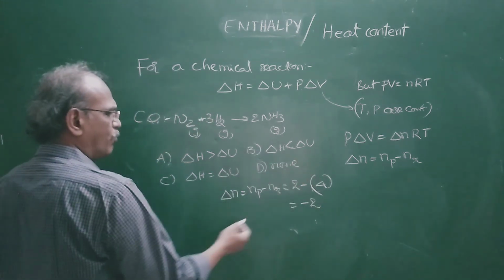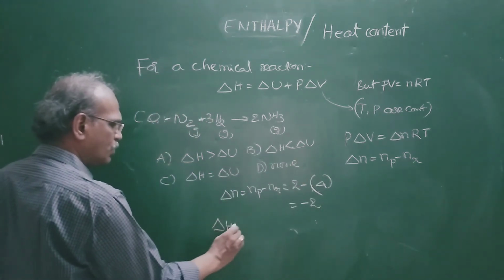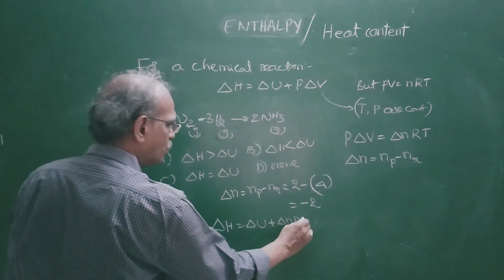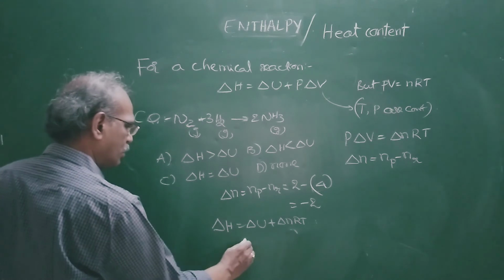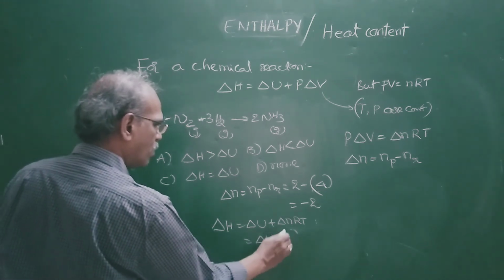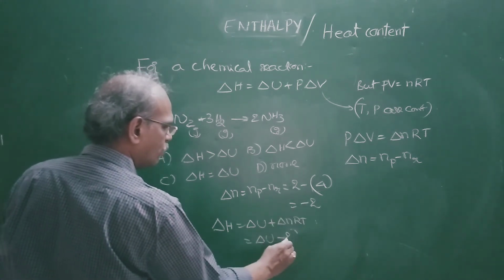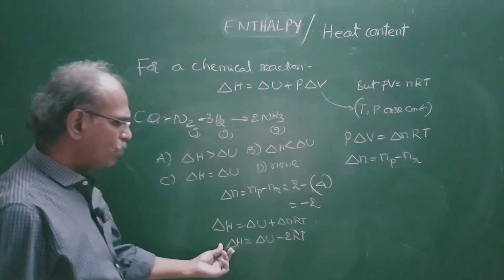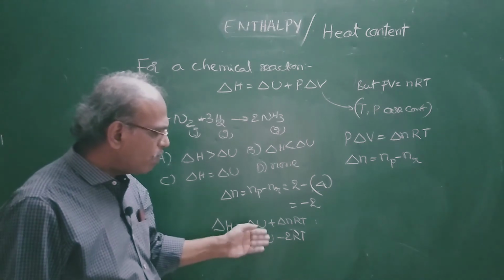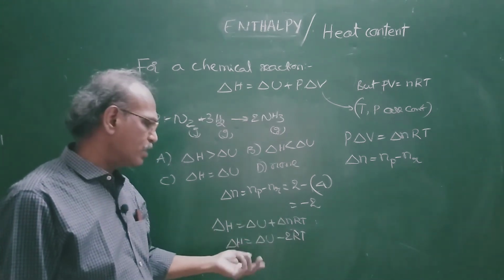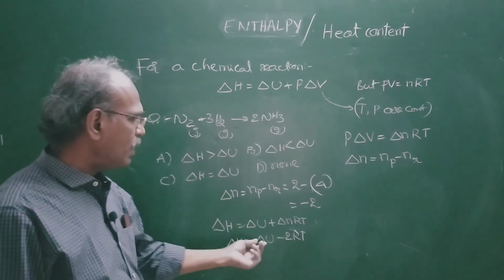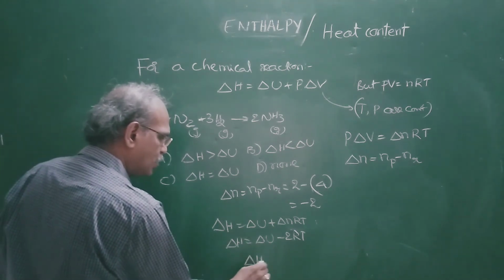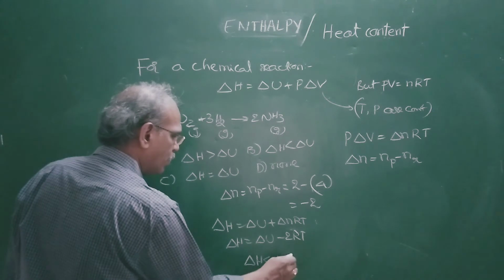So very clear from this, delta H is equal to delta U plus delta n RT, or delta U minus 2 RT. So delta H is equal to delta U minus something. So which is greater? Clearly delta U. So delta H is less than delta U.